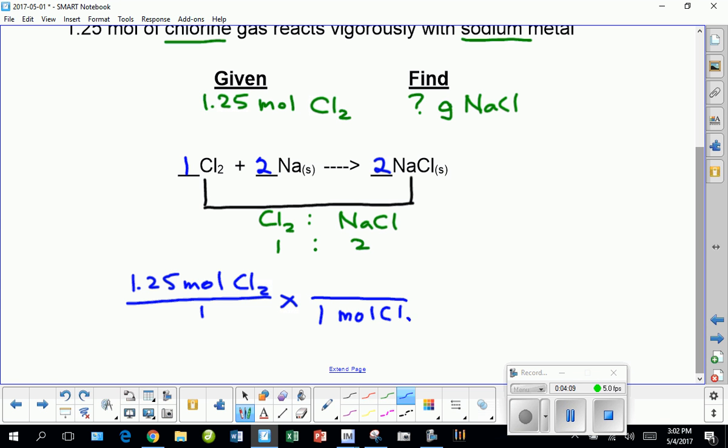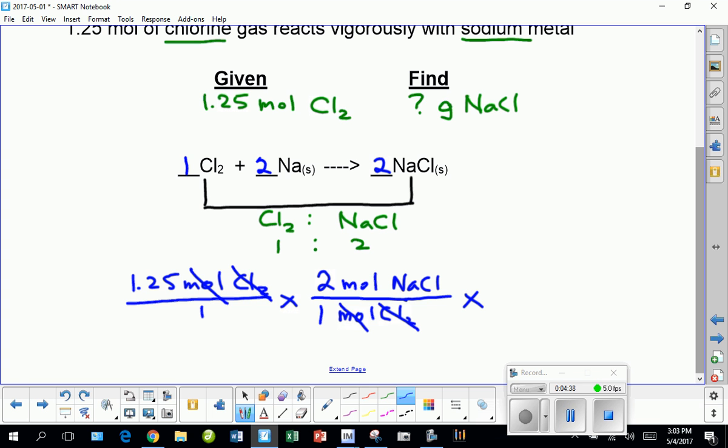And on top we'll have 2 moles NaCl. Okay, now we're not done. Now we tack on moles to grams, because this stuff cancels, and we need the molar mass for sodium chloride.